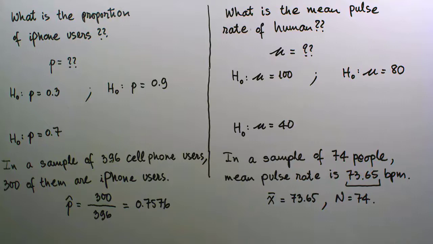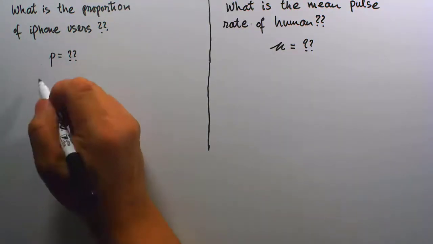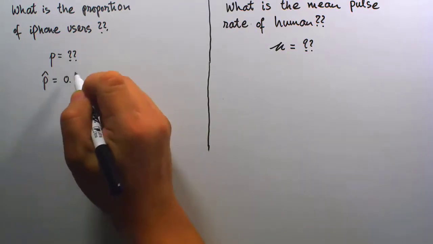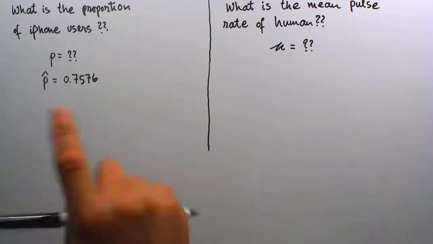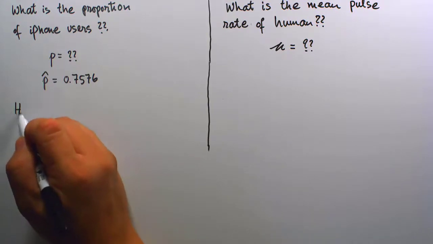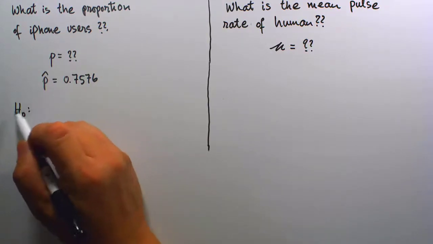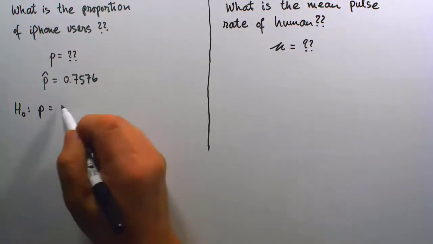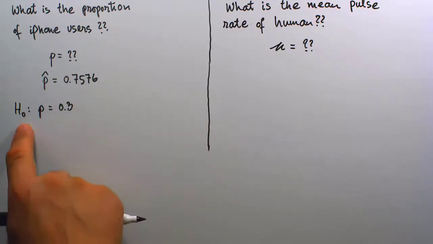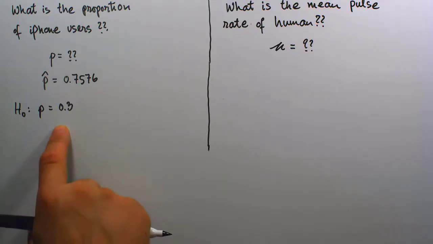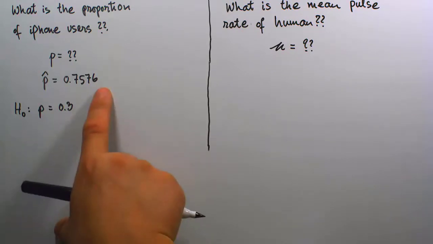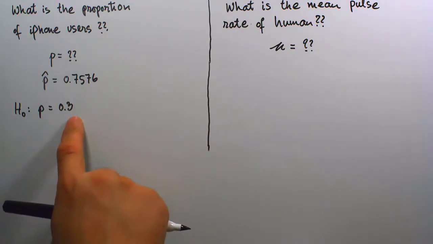And so with the evidence we currently have in hand as a sample proportion for this question, 0.7576, if we use this sample to argue against the first null hypothesis saying p equals 0.3, then obviously, comparing with this claim being stated in this null hypothesis right here, this sample as evidence does bring up an argument that it should be generally above this claim value.